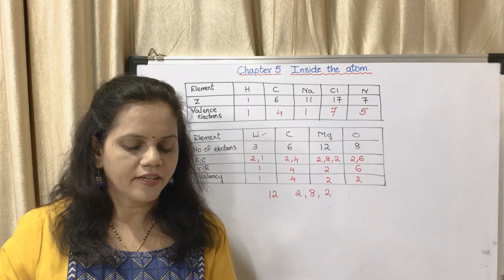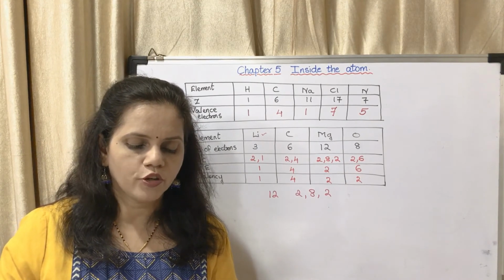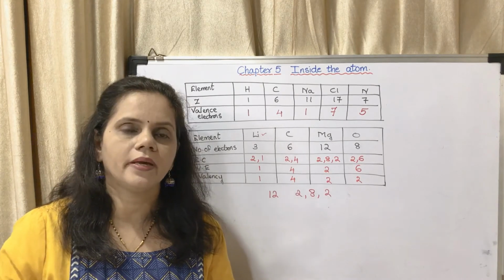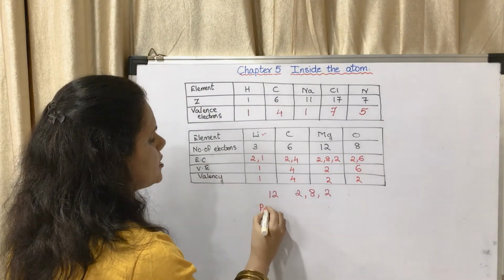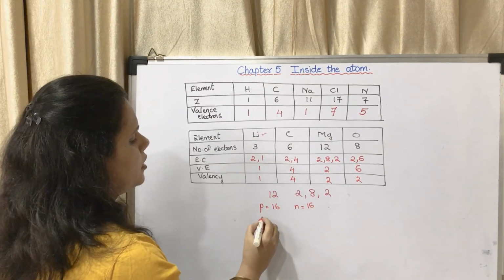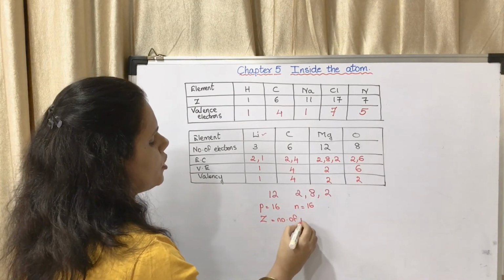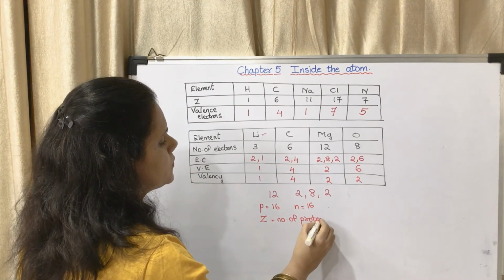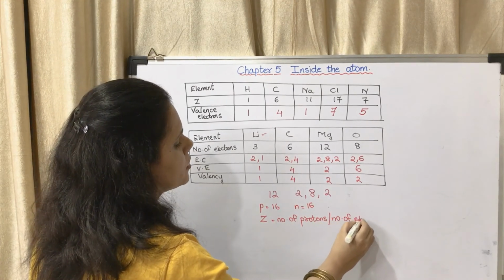Next, sulfur contains 16 protons and 16 neutrons. What would be its atomic number and atomic mass number? Number of protons is equal to 16. Number of neutrons is equal to 16. What is atomic number? It is the number of protons or number of electrons.